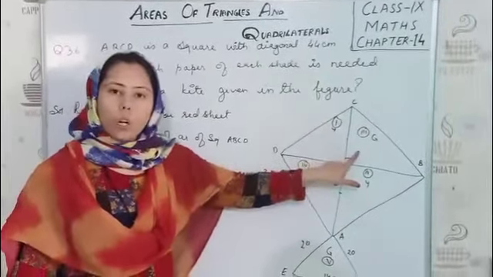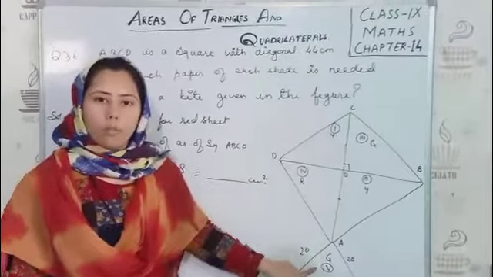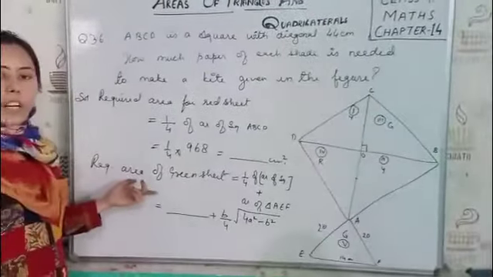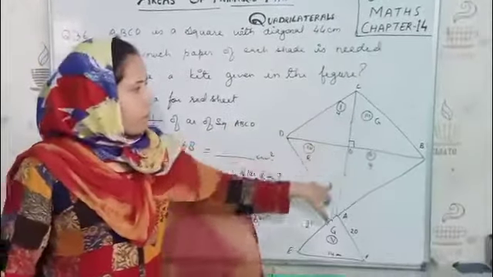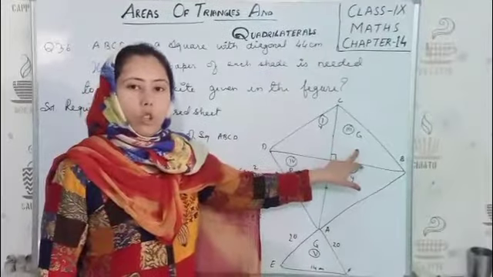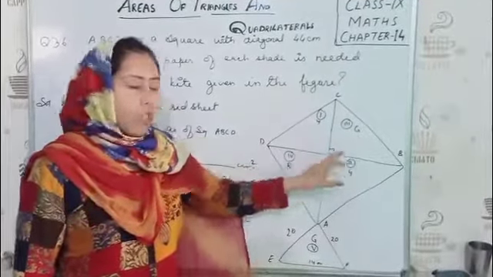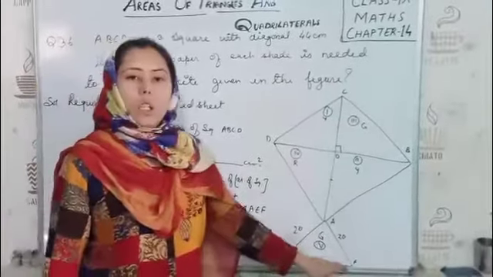Green sheet is also 1/4 of the area of a square plus the area of an isosceles triangle. So the required area for the green sheet is 1/4 of the area of a square. Out of four triangles, only one triangle is green, so 1/4 of the area of the square sheet plus the area of isosceles triangle AEF.